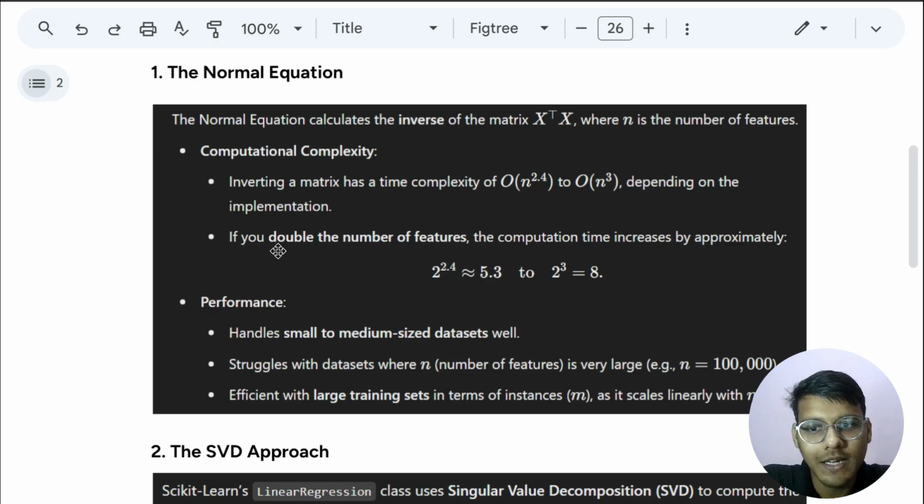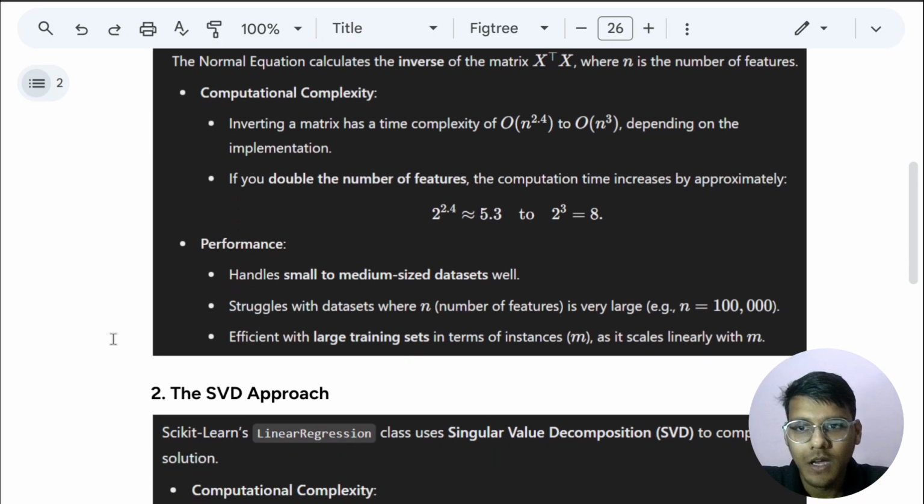So if you double the number of features, the computational time will increase by approximately 5.3 times to 8 times. This is huge, and that is not good, guys, because in performance it can handle small and medium sized data sets, but struggles with very large data, like 100,000 data sets.